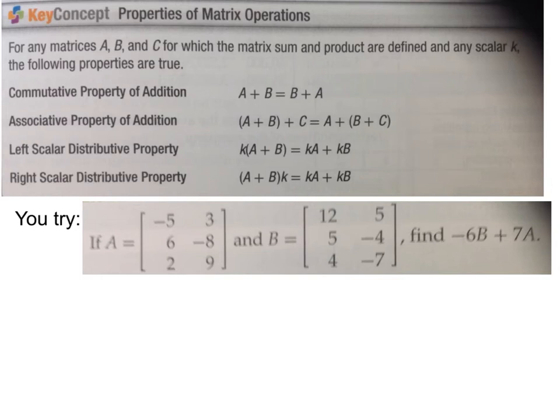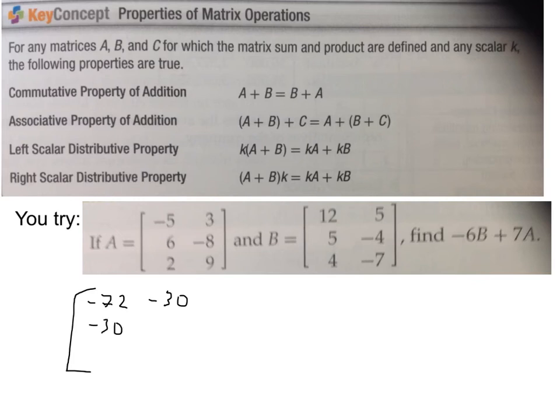Let's see. Negative 6 times B would be negative 6 times 12 is negative 72. 5 times negative 6 is negative 30. 5 times negative 6 again is negative 30.